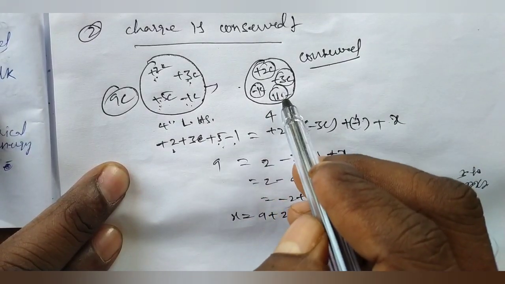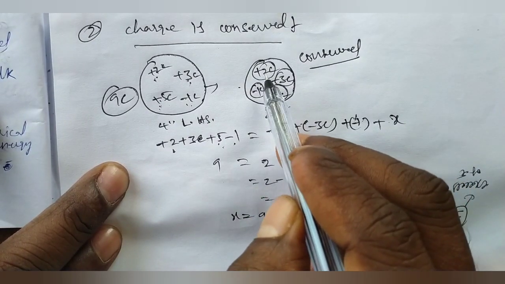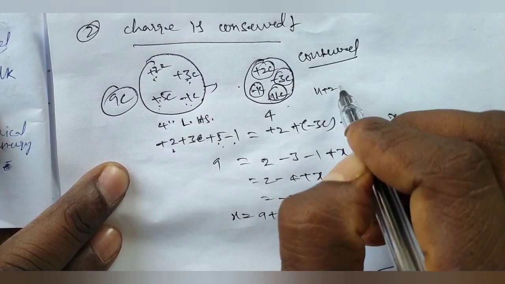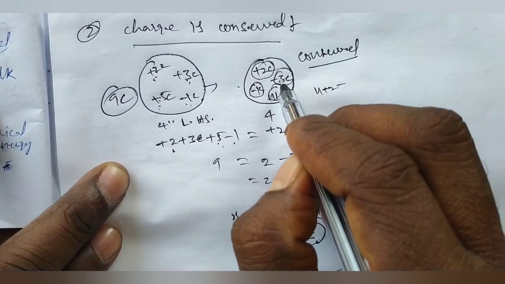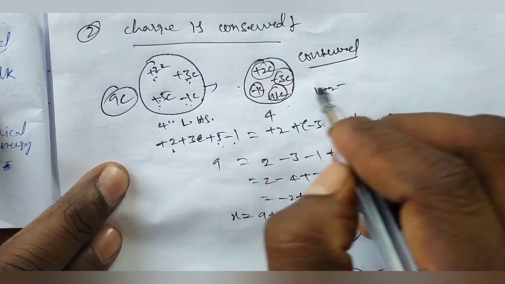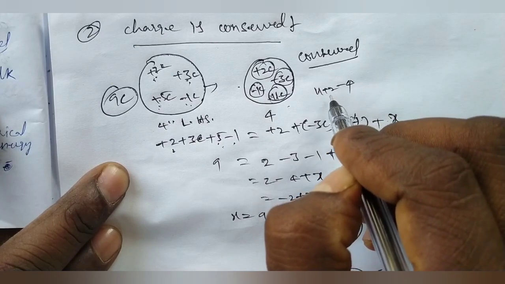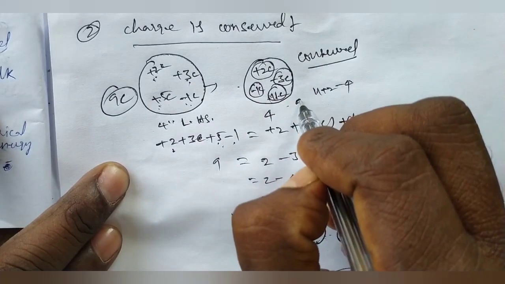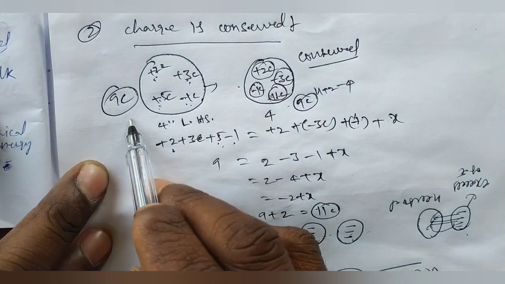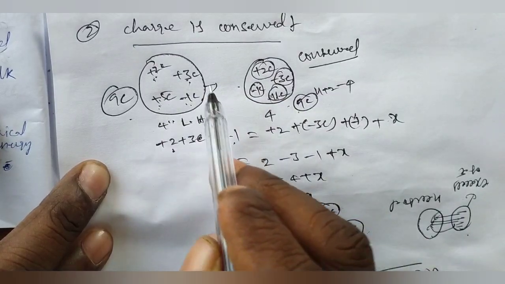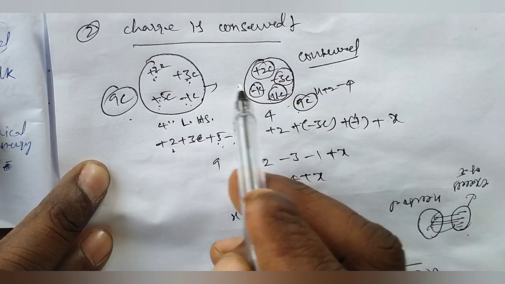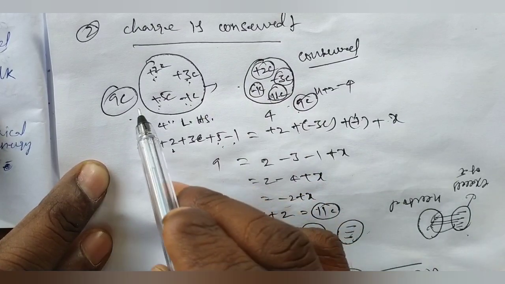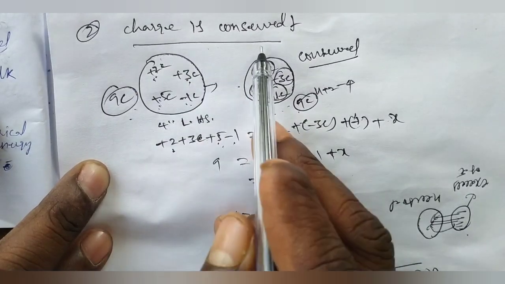Here 11 plus 2 is 13, minus 3 plus 1, which is minus 4, so 13 minus 4 is 9. 9 coulombs here and 9 coulombs there. That means LHS is equal to RHS. The charge of a body can be converted into another body, but the total net charge is the same, 9 coulombs here and 9 coulombs there. That means charge is conserved.